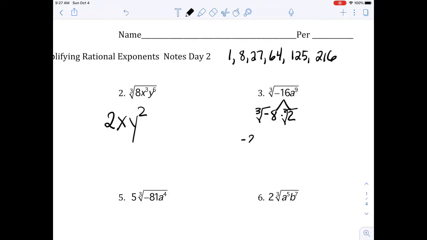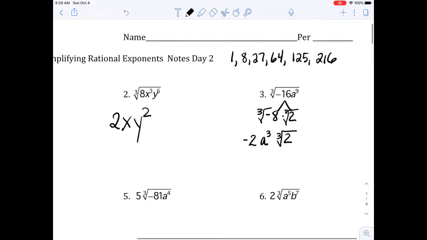The cube root of negative 8 is negative 2 with the cube root of 2 remaining inside. 8 to the 9th, how many sets of 3 are there in 8 to the 9th? Well, there's 3. So that's 8 to the 3rd, and then I can trim this back a little because we just have 2 inside the radical.